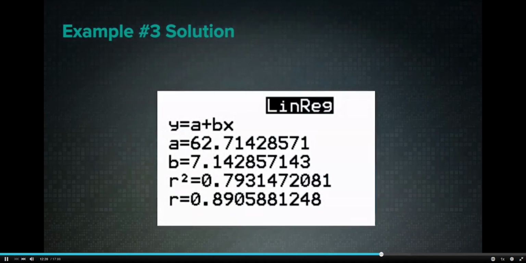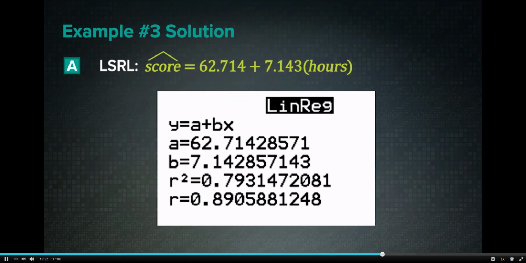Let's take a look at the solutions. For part A, the least squares regression line is score hat equals 62.714 plus 7.143 hours. I did that on the calculator, and here's the calculator screenshot. The new part is interpreting the y-intercept. For part B, we need to interpret the y-intercept in context of the question.